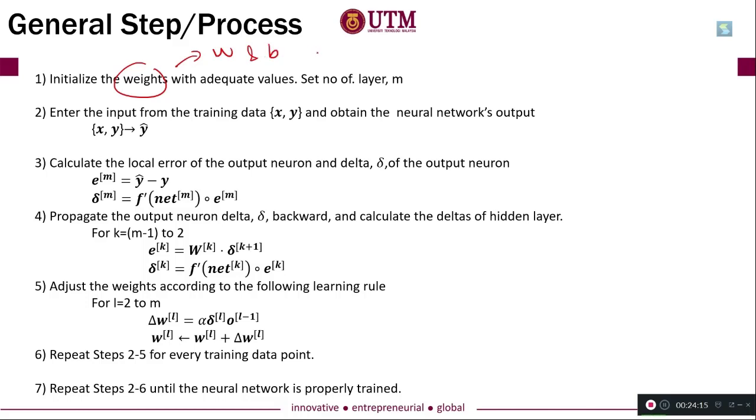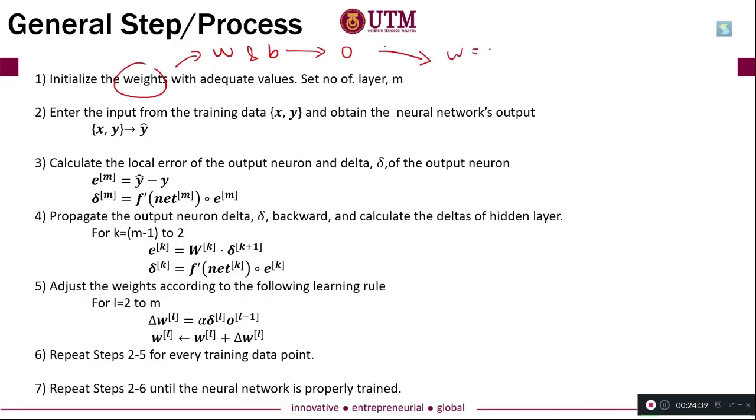So in general, there are two ways to initialize these values. One is you can set all W and B equal to 0, or in some applications they just put a random number, meaning that you set W and B to some random number.